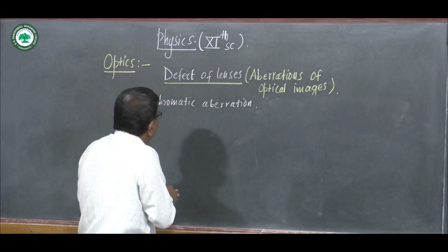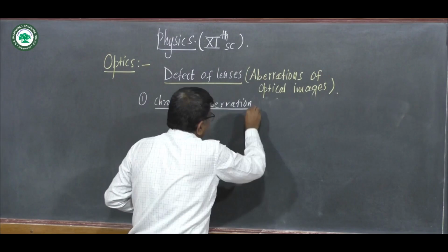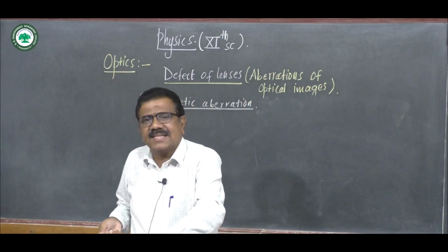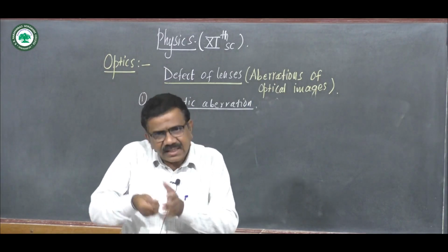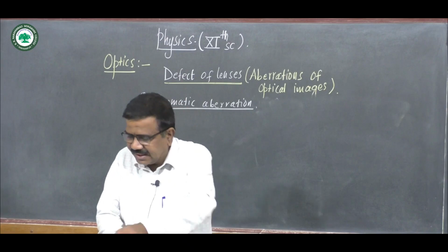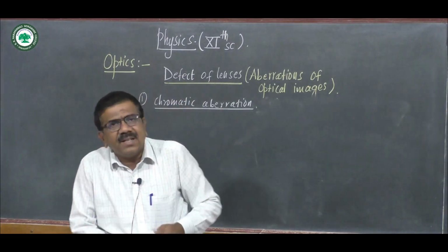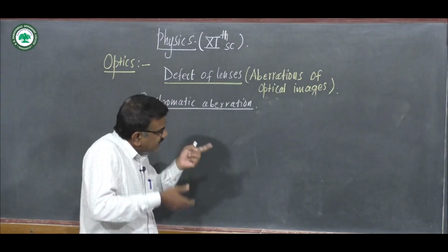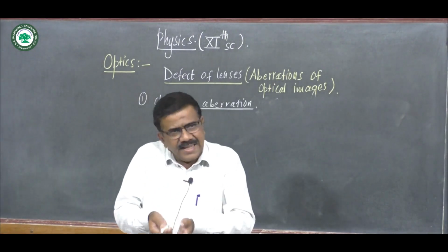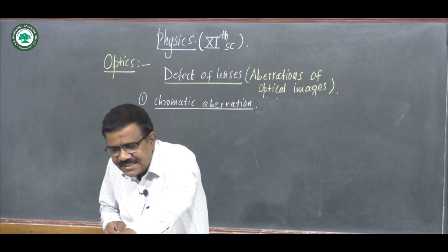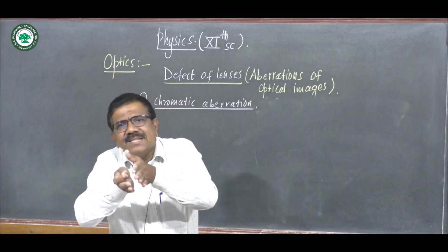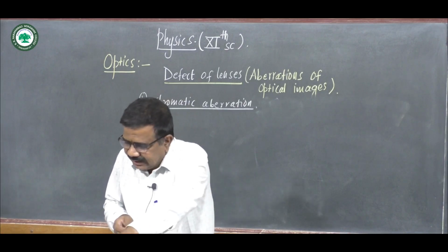In this aberration, or in this defect, polychromatic light is incident on the lens. White light is a polychromatic light because it is made up of 7 different colors. If parallel polychromatic light, that is white light, is incident on the lens, violet rays converge more. That is the maximum deviation.